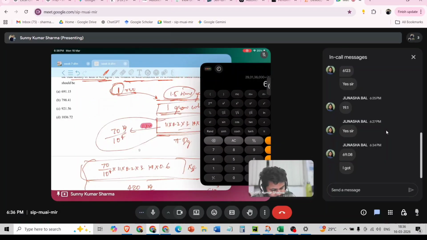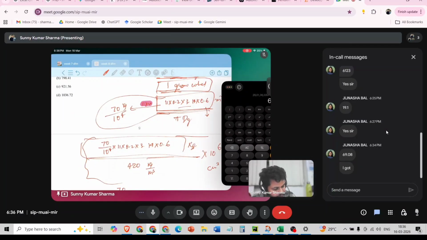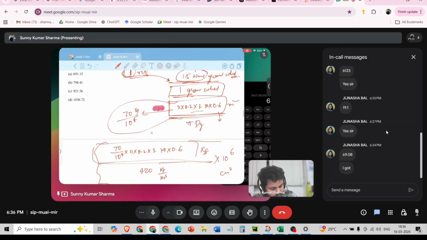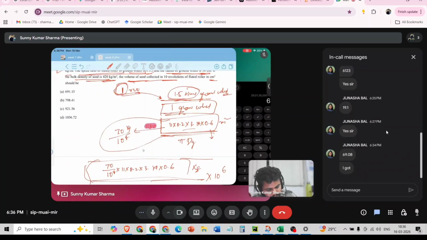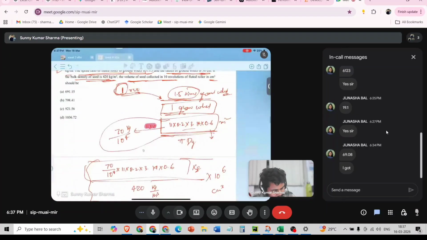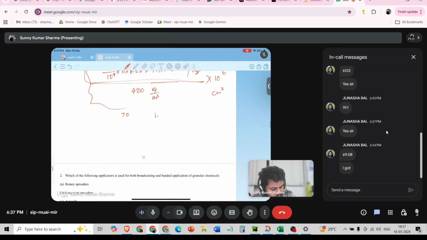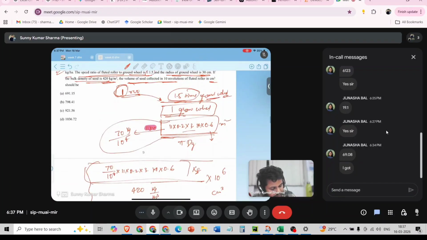This is in centimeter cube in one revolution of ground wheel. And in 1.5 revolutions of the ground wheel, what is the seed volume coming?